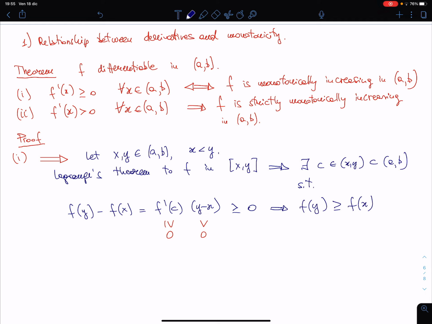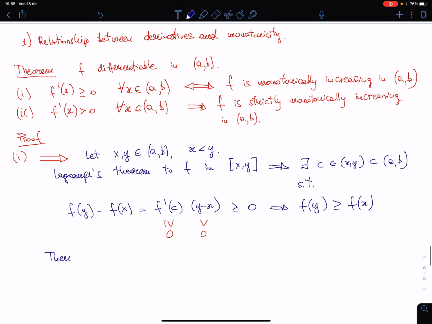Then, by definition of monotonically increasing function, f is monotonically increasing in AB.